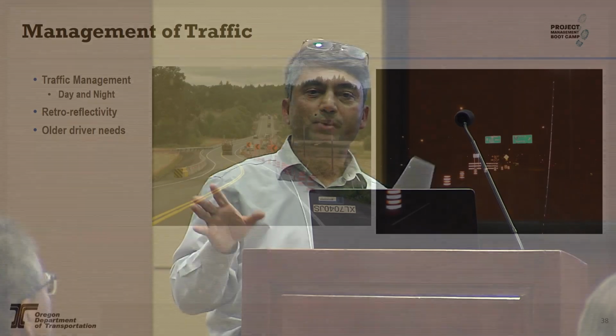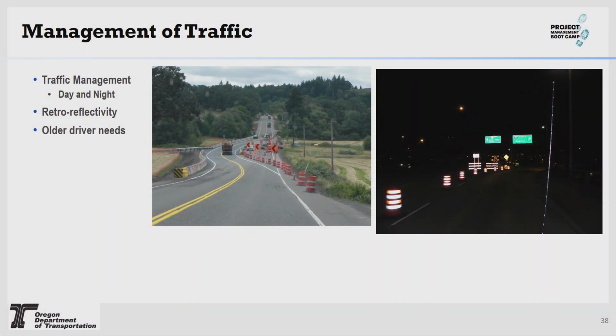Typically, the ODOT practice is to work at night whenever possible to minimize the impact to the commuters. Although the traffic volume is less during the night, driver and road user characteristics are very different.